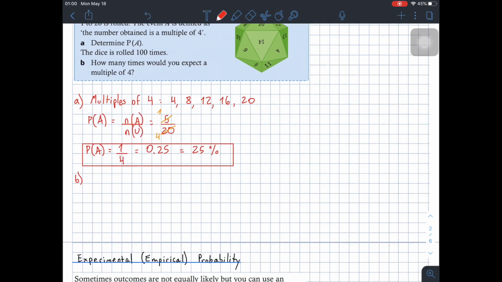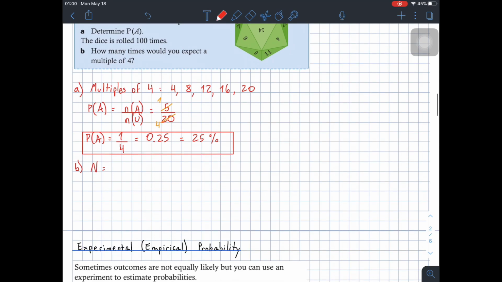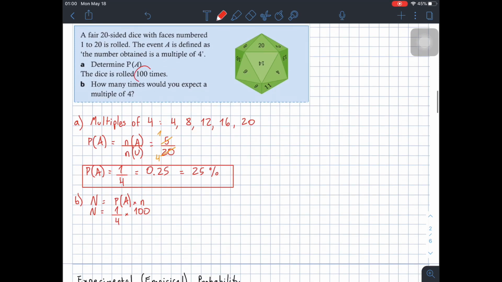So I'm going to write it as the probability of A times n, where n is the number of rolls. So n equals 1/4 times 100, because we roll it 100 times.